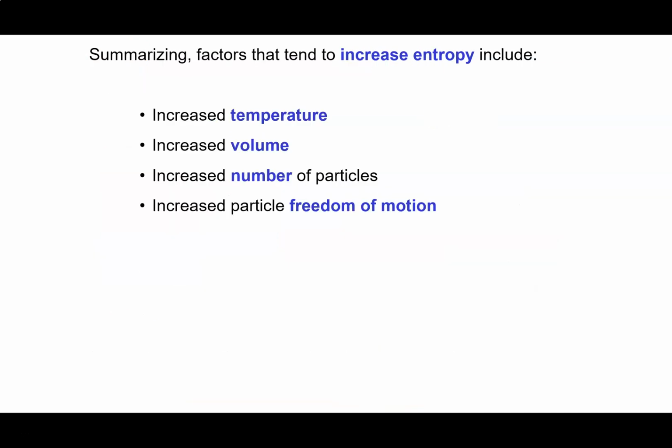So things that tend to increase the entropy of your system: increased temperature. Your particles just have more kinetic energy. They're moving around more. They can rotate in more different ways. They can vibrate in more different ways. They can translate in a greater variety of ways. Increased volume. They have more space to move in.